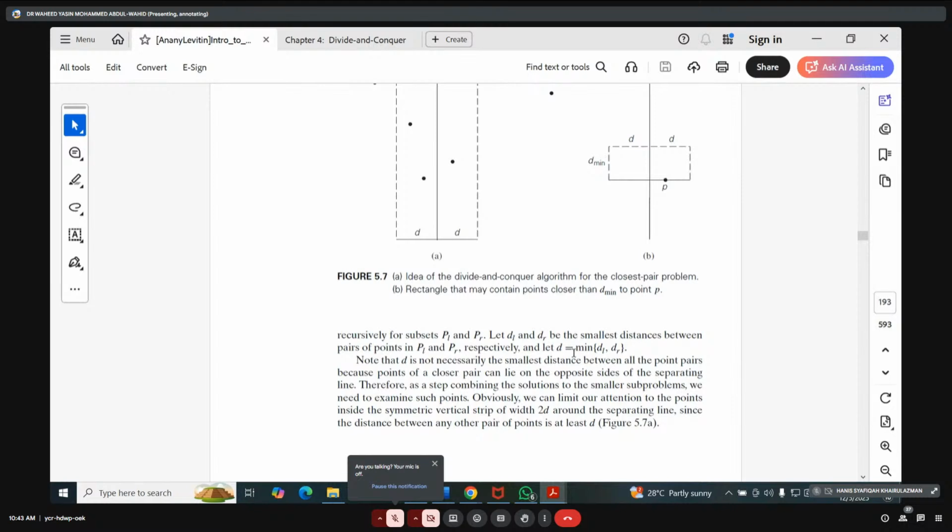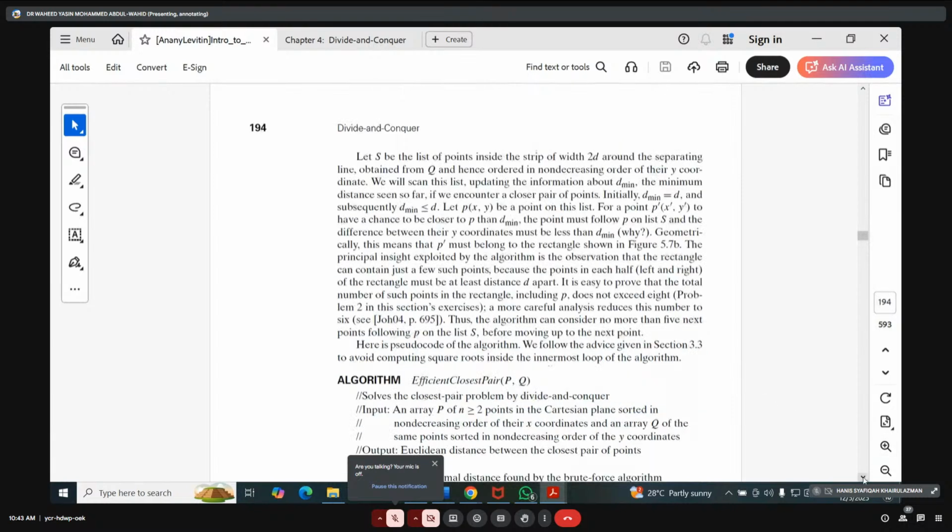So now, what he said: geometrically, this means p' must belong to the rectangle shown in figure 5.7b. The main insight exploited by the algorithm is the observation that the rectangle can contain just a few such points, because the points in each half, left and right, of the rectangle must be at least distance d apart.